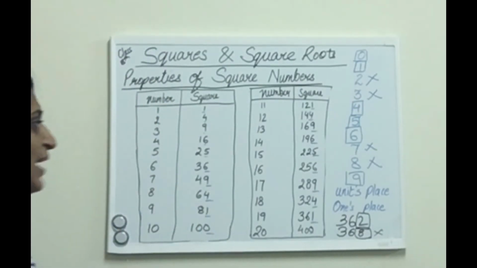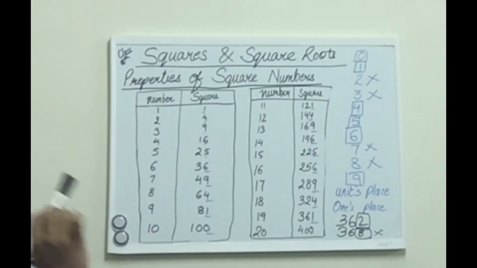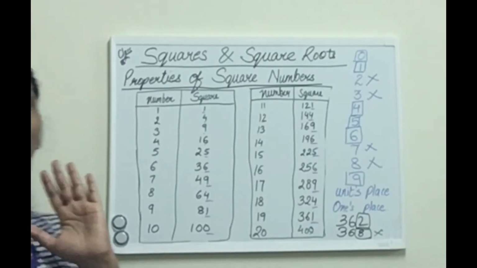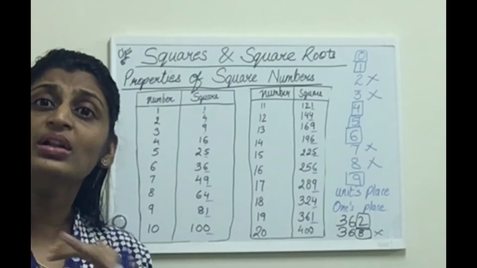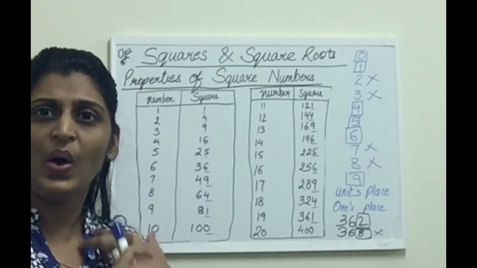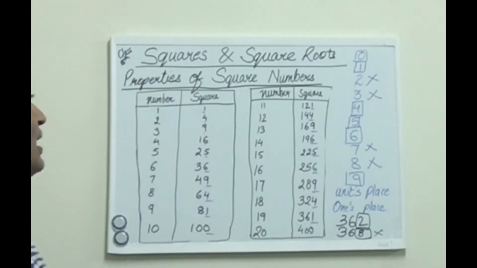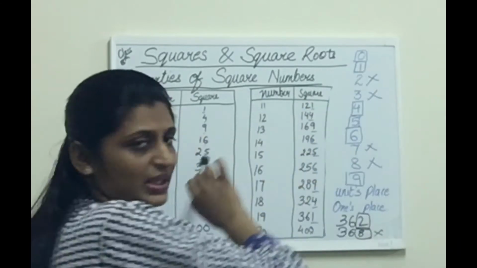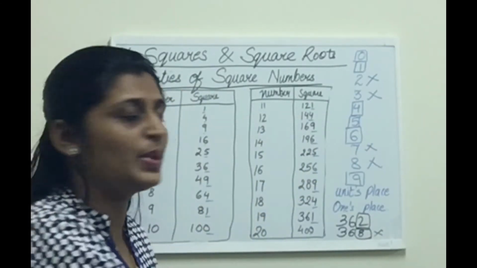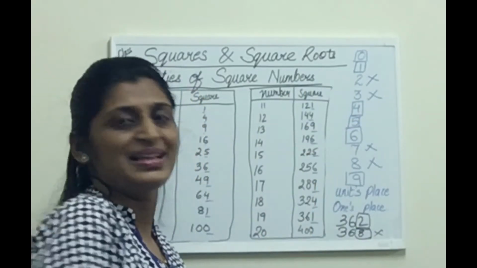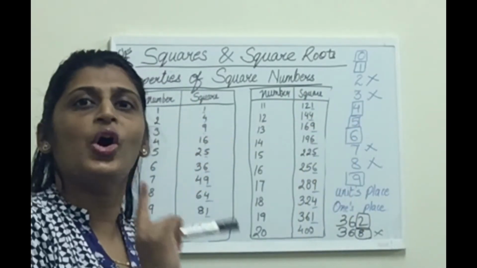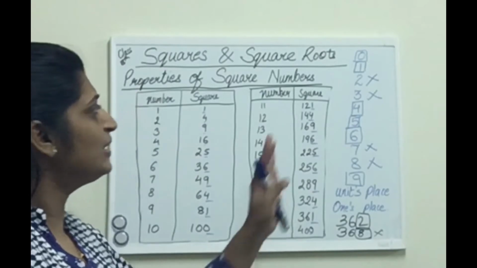So yes, I repeat again what the property is. Mind my words, all the square numbers can never end with 2, 3, 7 or 8. These are the 4 numbers.